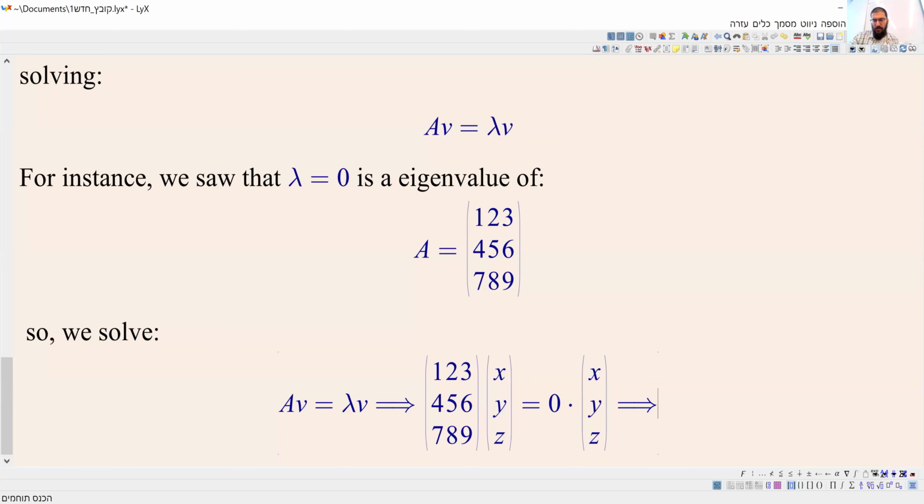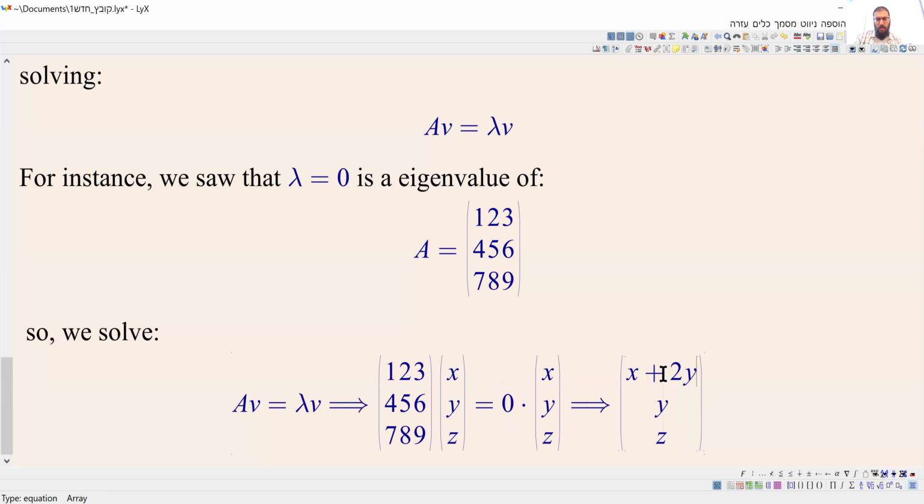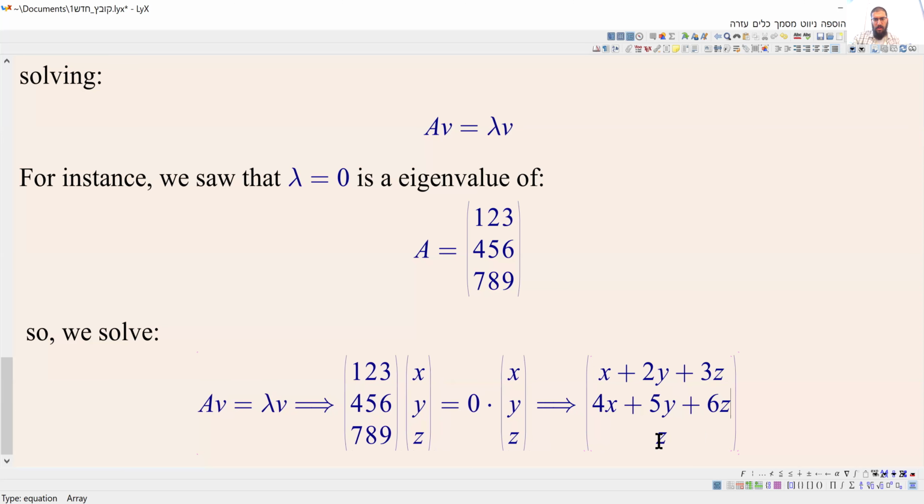So let's do it in 2 steps. First of all, we get x plus 2y plus 3z, 4x plus 5y plus 6z, and 7x plus 8y plus 9z.